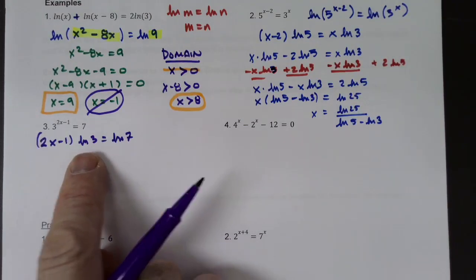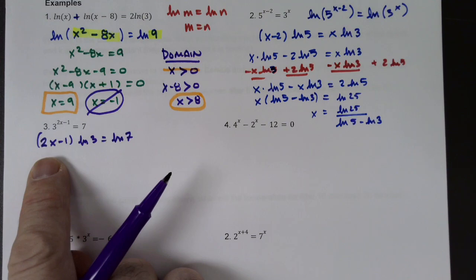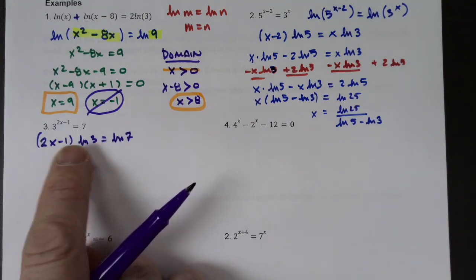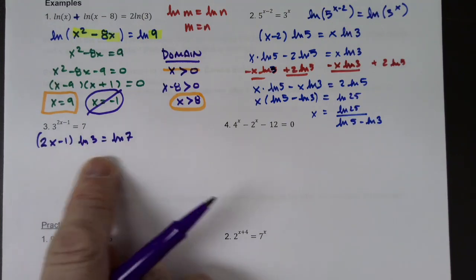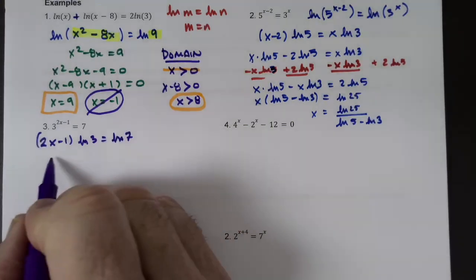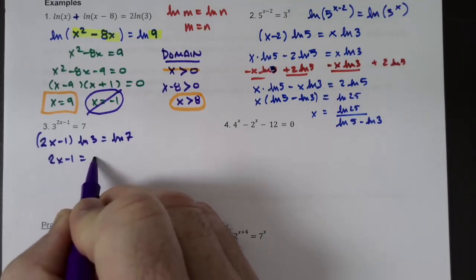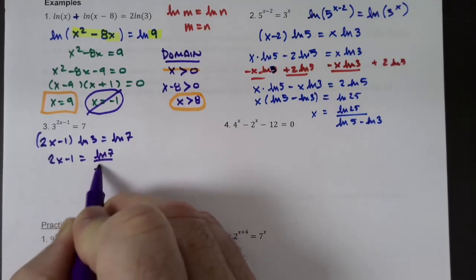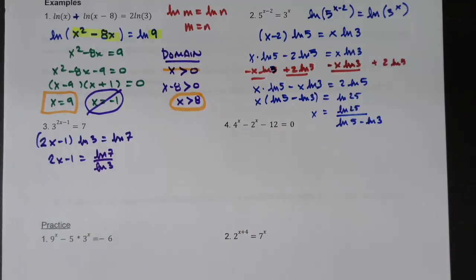This time I'm not going to distribute this because I think it's easier if I just divide both sides by the natural log of 3 and leave us with 2x minus 1 equals the natural log of 7 divided by the natural log of 3.